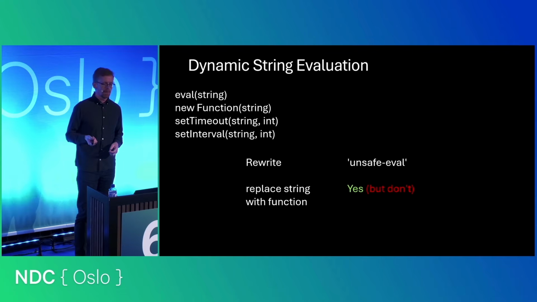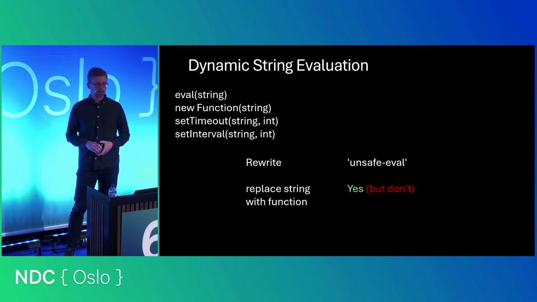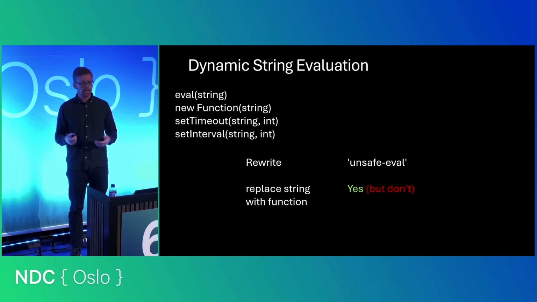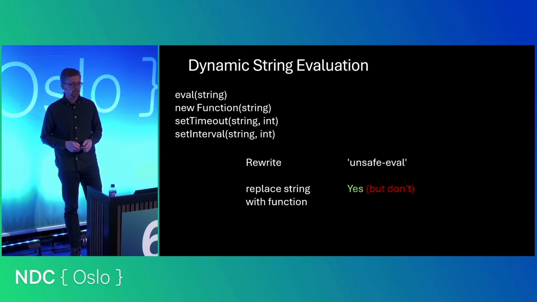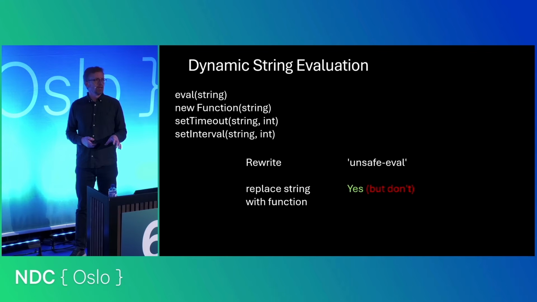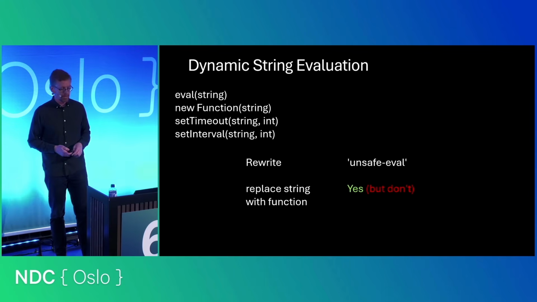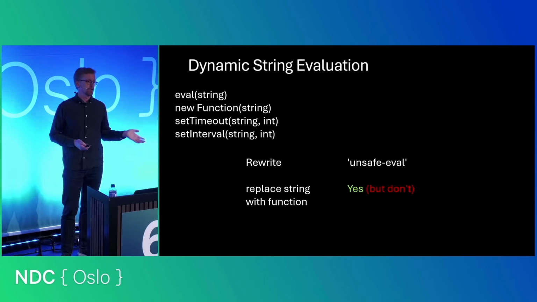But if you give them a string as the first parameter, that's a violation of your CSP unless you have allowed unsafe eval. So ideally, rewrite it and don't allow it at all. If you pass any user input to the eval function, then you're in for massive trouble. It's kind of a bypass of your entire CSP.